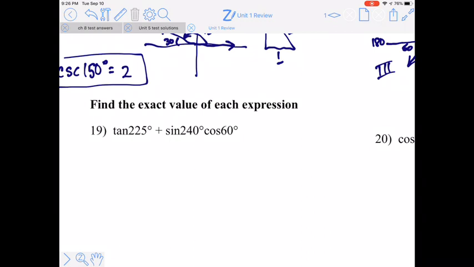Okay, 19. We have a couple of values to find here. 225, 240, and 60. So start with 225. That's right there. 240.